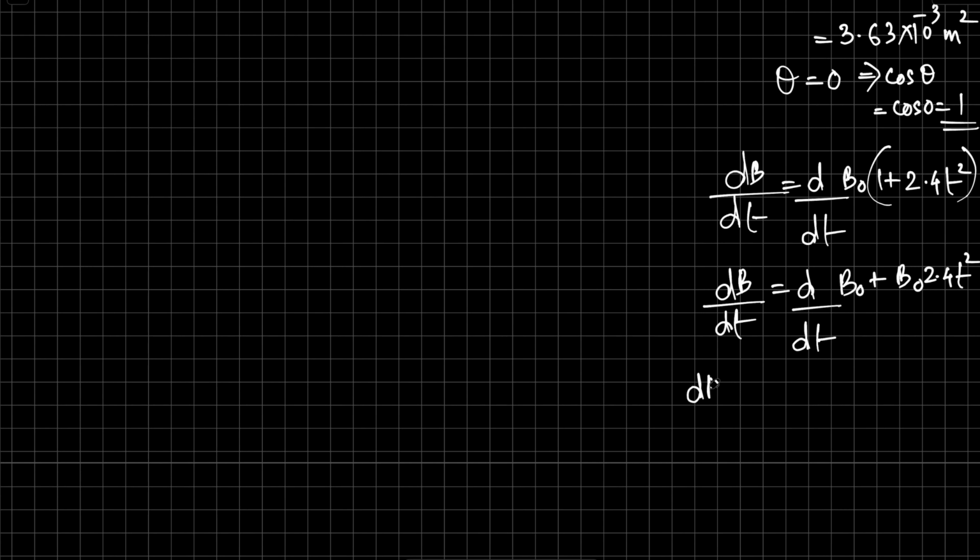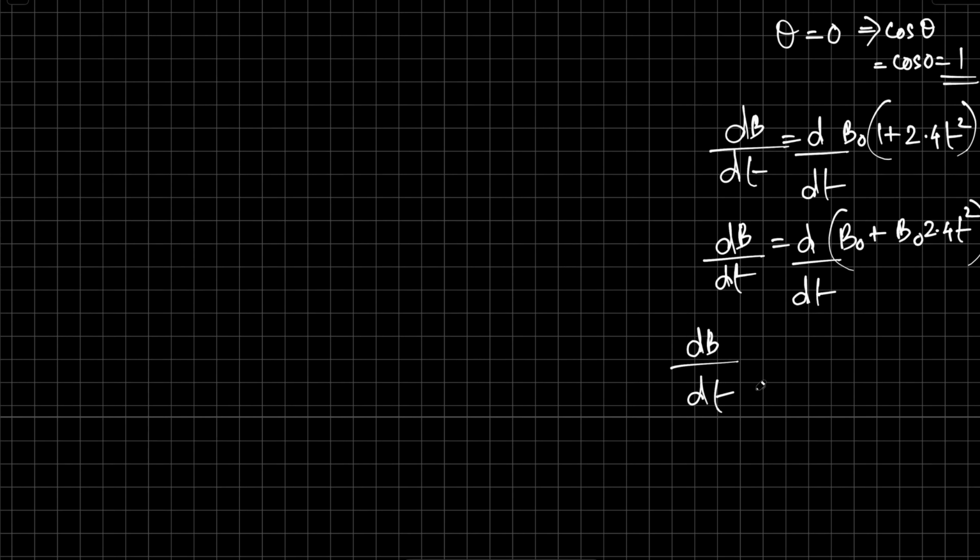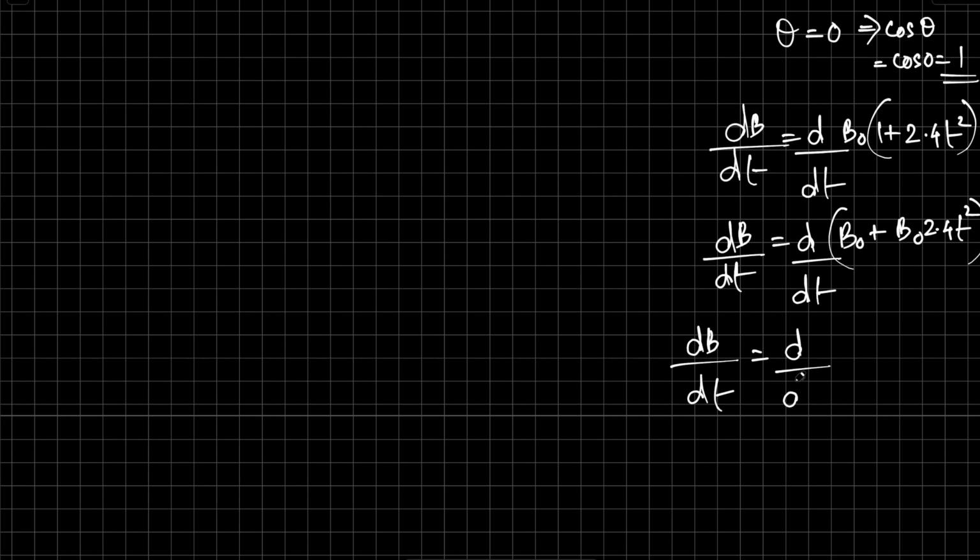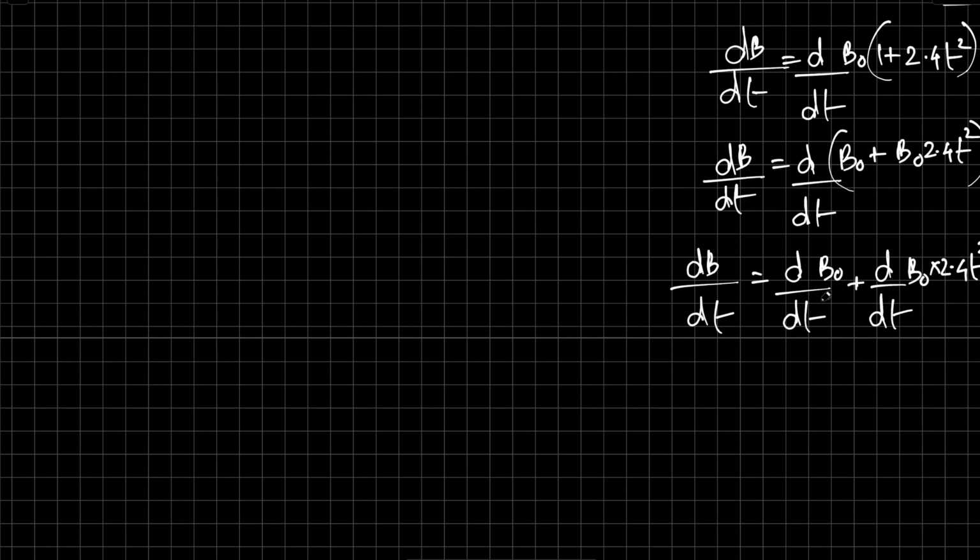So dB by dt is d by dt of B0 plus d by dt of B0 times 2.4 t square. The first term, we are differentiating B0, a constant, so that's 0.